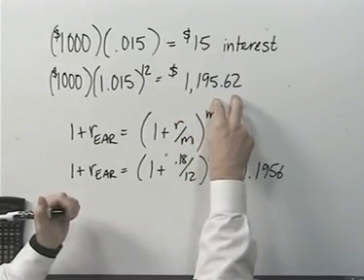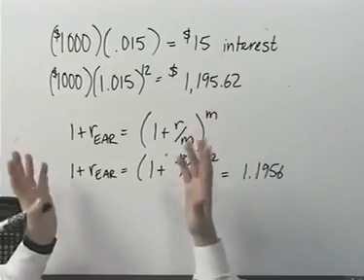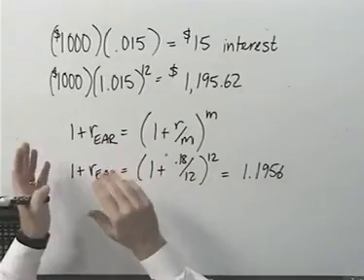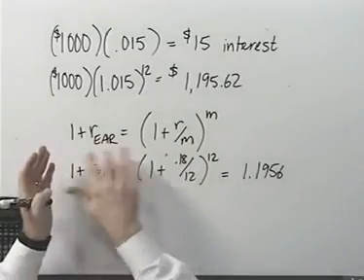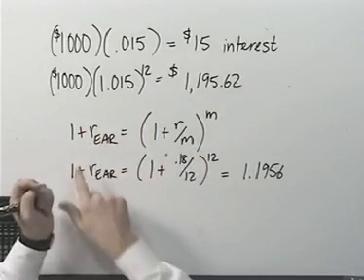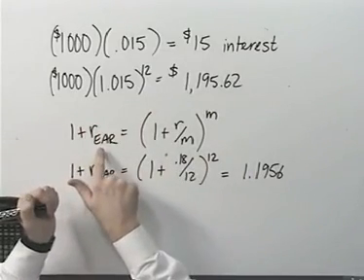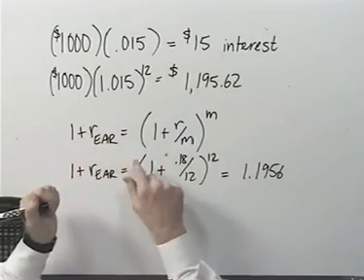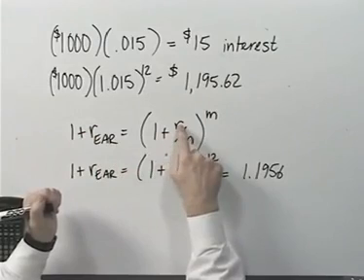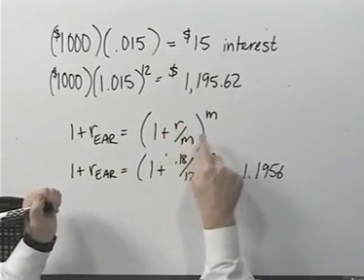And so we can take this example and look at the formula that relates these things. All I've really done is written down a formula that describes what I've just put out in this example and in words. It turns out that 1 plus R sub EAR, the effective annual rate, is equal to 1 plus R over m, where R is the stated annual rate, compounded m times per year, raised to the m.